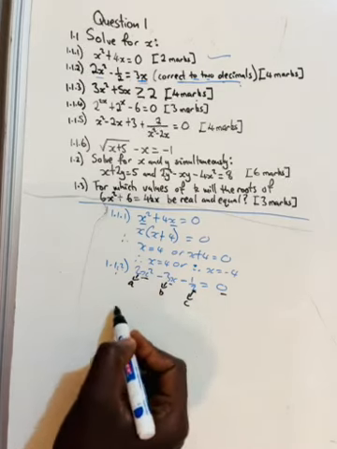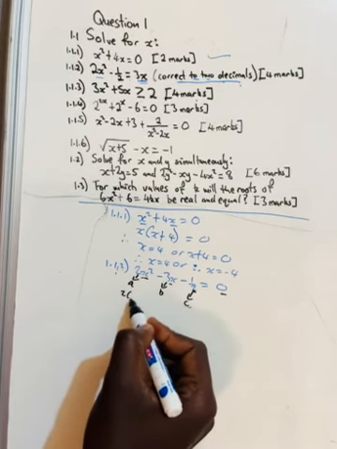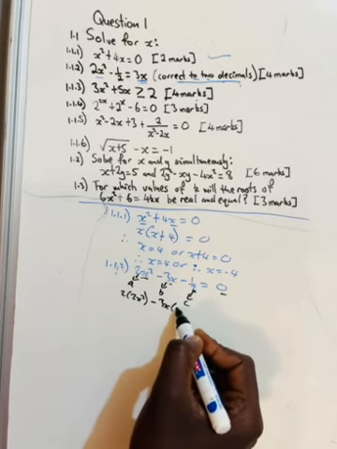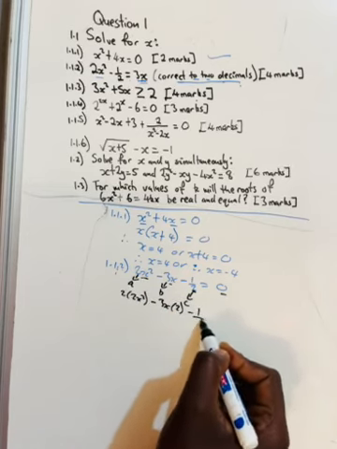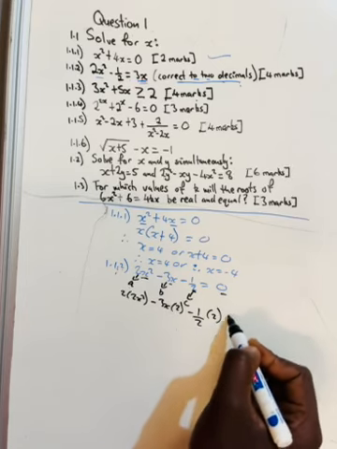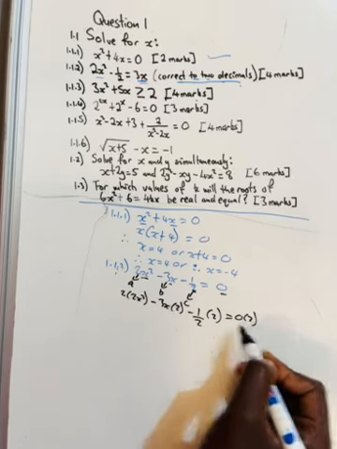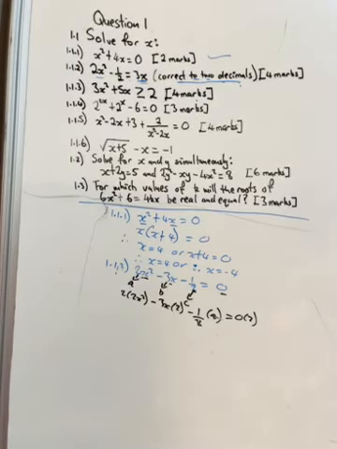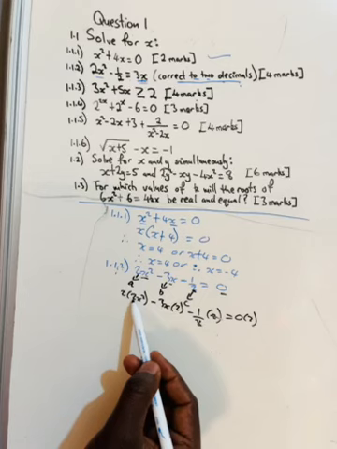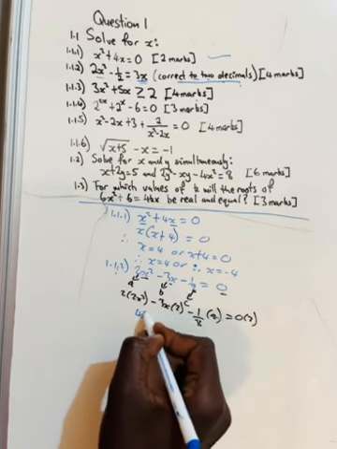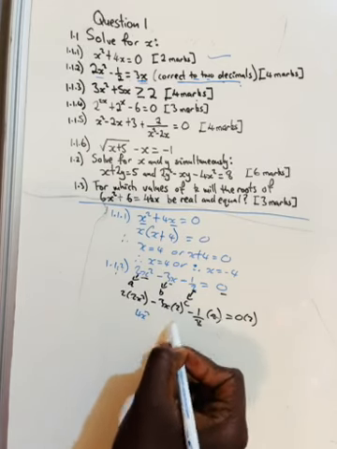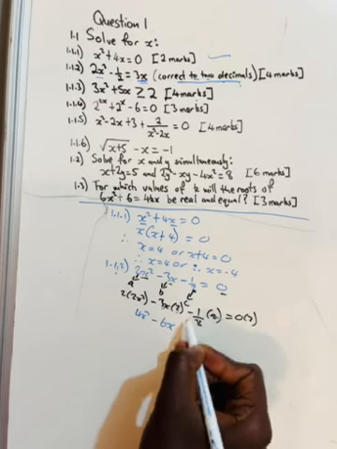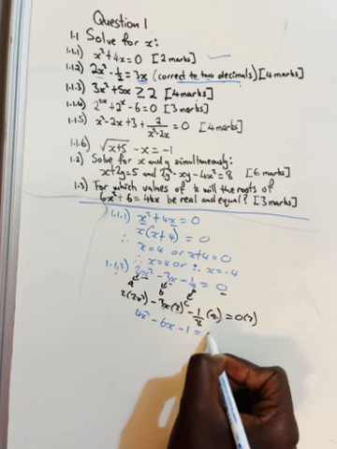In other words, 2 open bracket 2x squared close bracket minus 3x open bracket multiplied by 2 minus 1 over 2 open bracket multiplied by 2, which is equal to 0 multiplied by 2. Now, this 2 cancels out that 2. So 2 multiplied by 2, I've got 4x squared. Then negative times positive is a negative, 3 times 2 is 6x. And now we're left with negative 1, which is equal to 0.